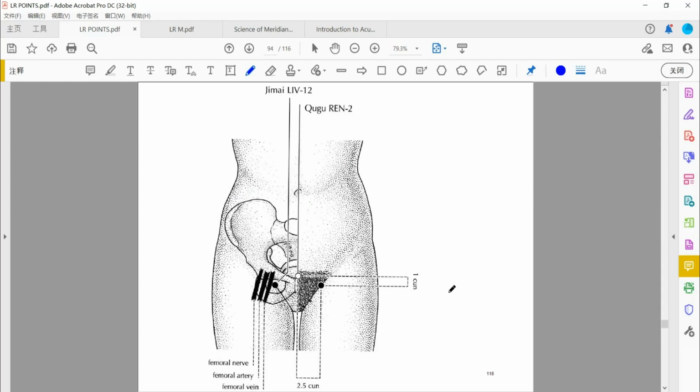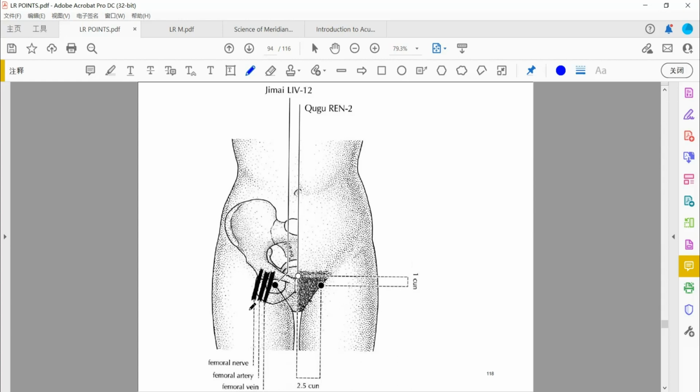So that's this one. Right, this one, that's CV2. And this point goes down 1 cun, and goes lateral 2.5 cun, and beside the femoral vein.